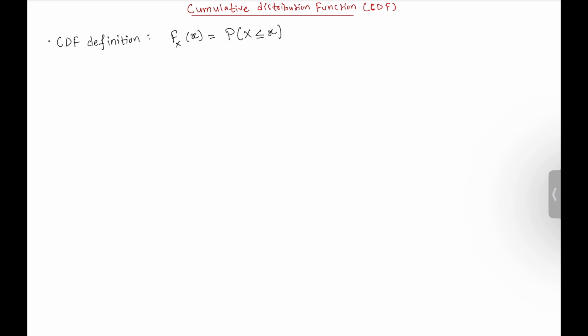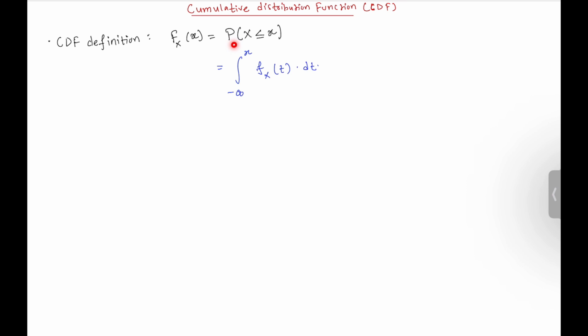If you have to find this probability, how would you do that? You will simply integrate from minus infinity to x the PDF, the probability density function.